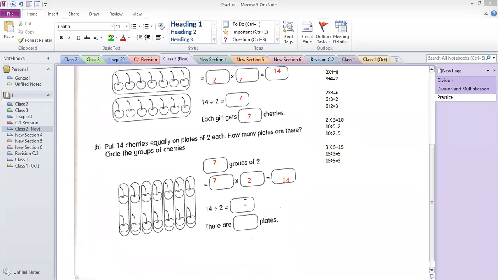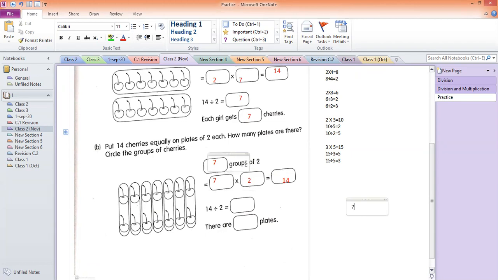14 divided by 2 means you will check the table of 2.